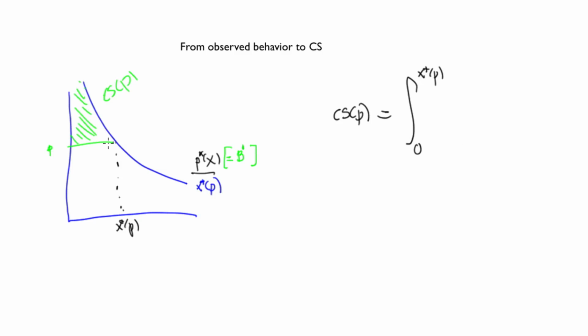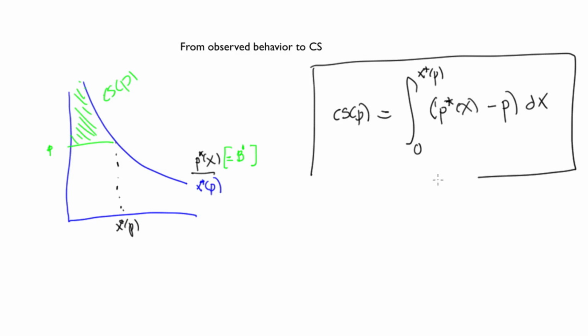Of the area between that curve and that curve. But what is that curve? It's the inverse demand function. So it's the area between P star, the inverse demand function, at X, and the price at which we want to compute the consumer surplus, P, dx.